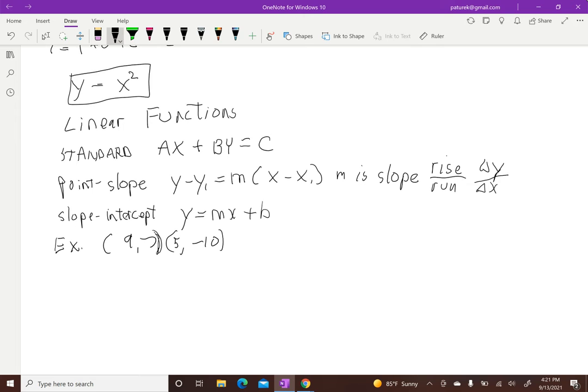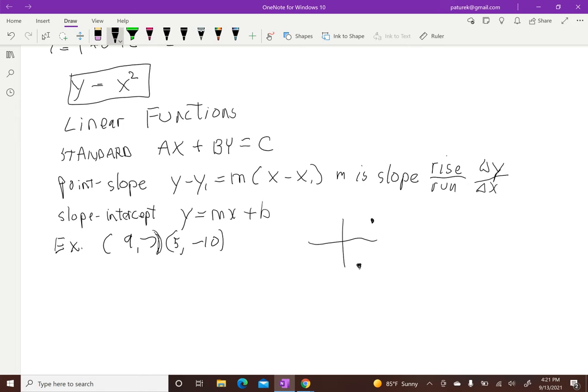The first thing I would do is a little sketch to give me an idea of where these things are. So 9, 7 is 9 units to the right, 7 units up, so it's somewhere up in quadrant 1. The second random point was 5, -10. So 5 units to the right and way down there.